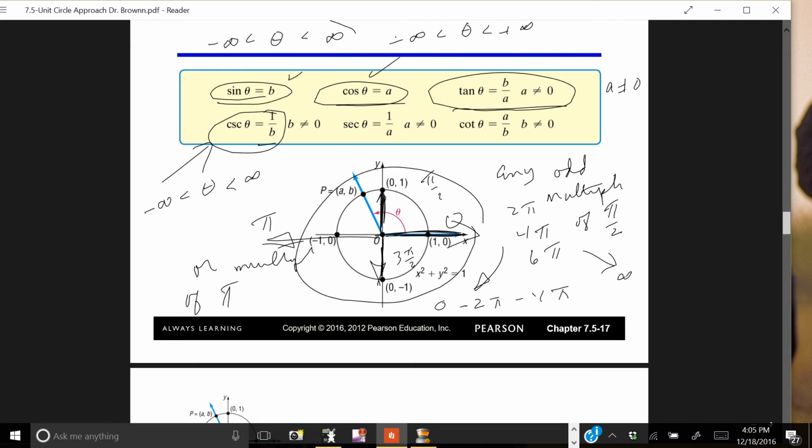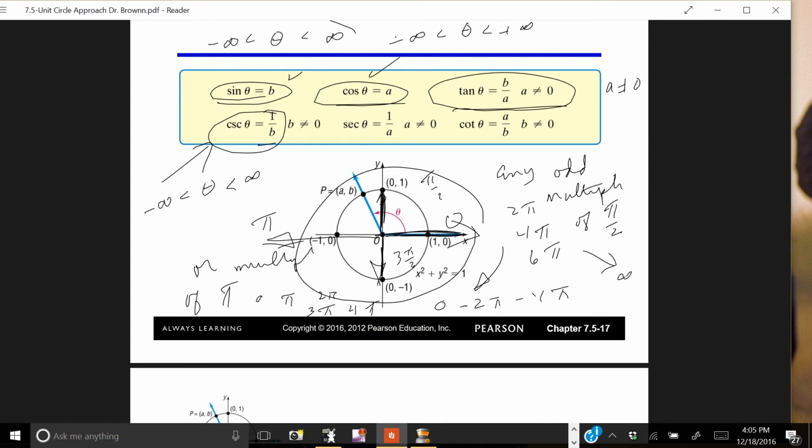So we can't have 0 pi, 2 pi, 3 pi, 4 pi, etc. So any multiple of pi is forbidden.